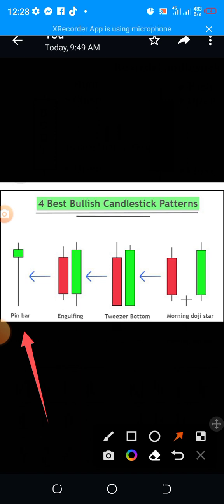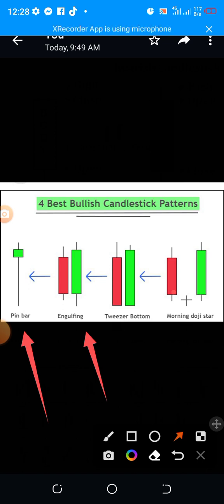Then again, when you find a bullish engulfing at the end of a bearish trend, and especially if you find a lot of engulfings in the market at the end of the bearish trend, just know the market is about to reverse, and plan to go long or plan to buy.